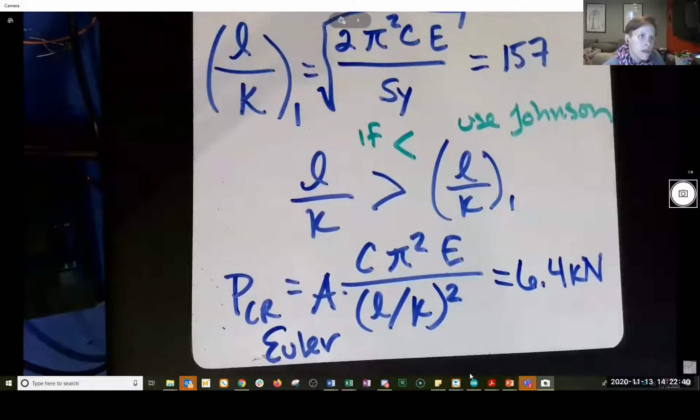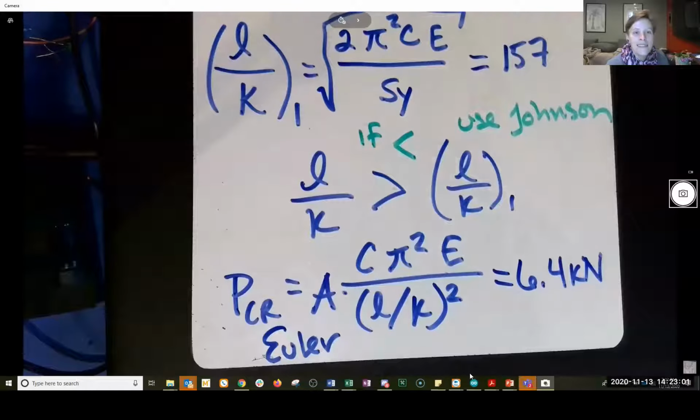I don't like the way I worded that. As the value of E comes down, that means I have a shallower slope, meaning more flexibility.